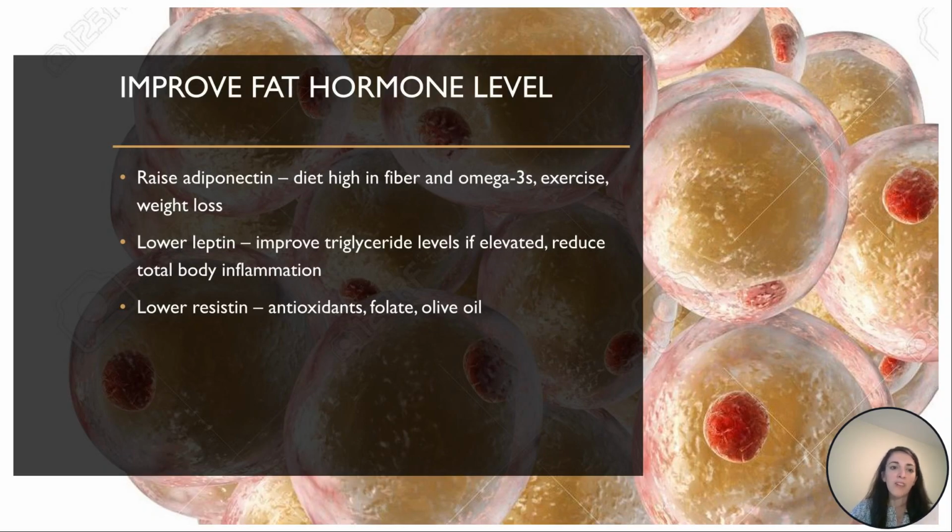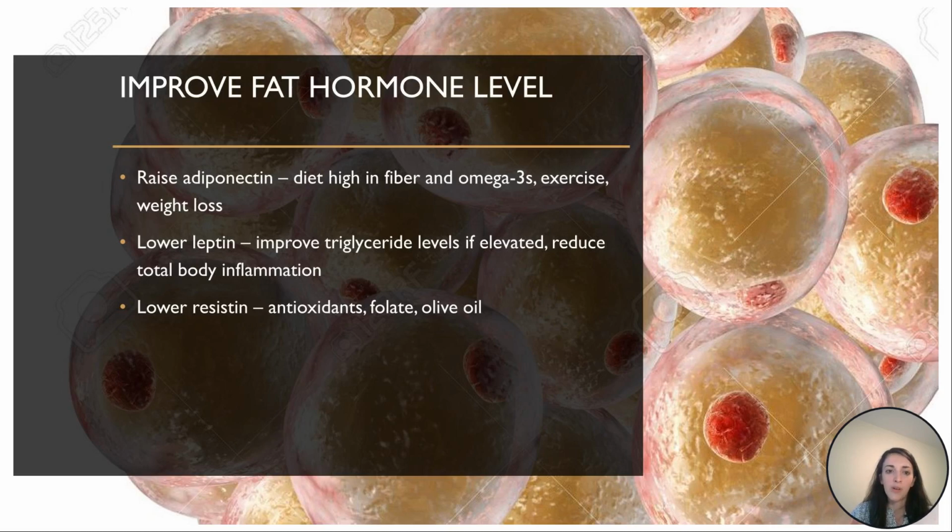Improving those fat hormone levels. I wanted to revisit this because there are things you can actually do to change these things. So of course, if needed, we would want to lose weight, and I know that's easier said than done.